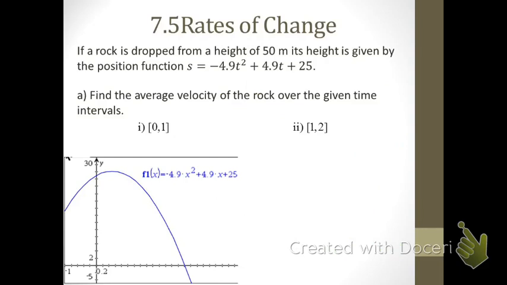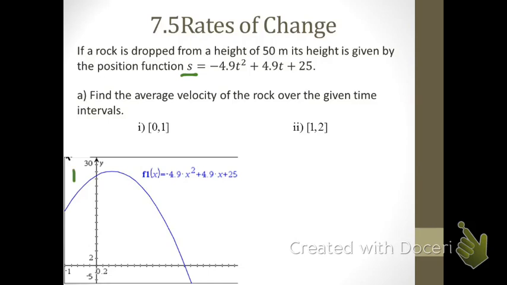Now I need to explain how in the world we're going to find velocity from what's called a position function. Look at the graph right here. When I'm talking about position, which is what s represents here, I'm talking about where this rock is located in relation to a starting point. Since we're talking about a height position, the rock can be either above or below where it started from.